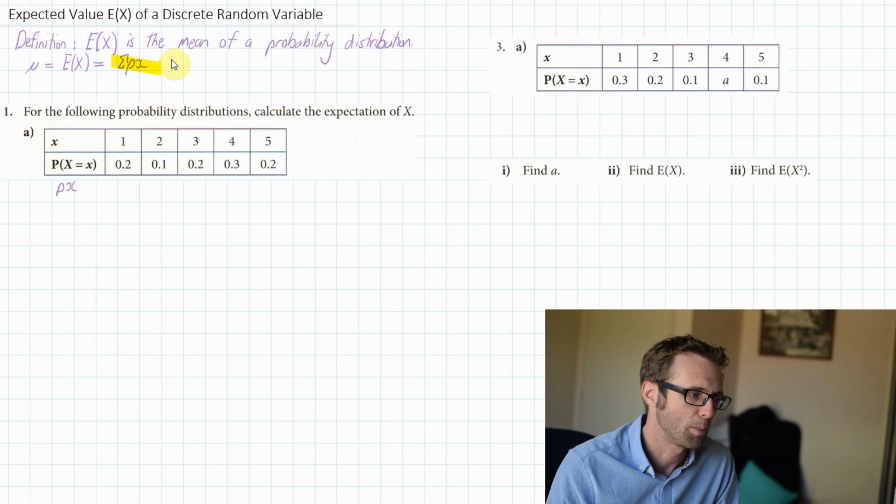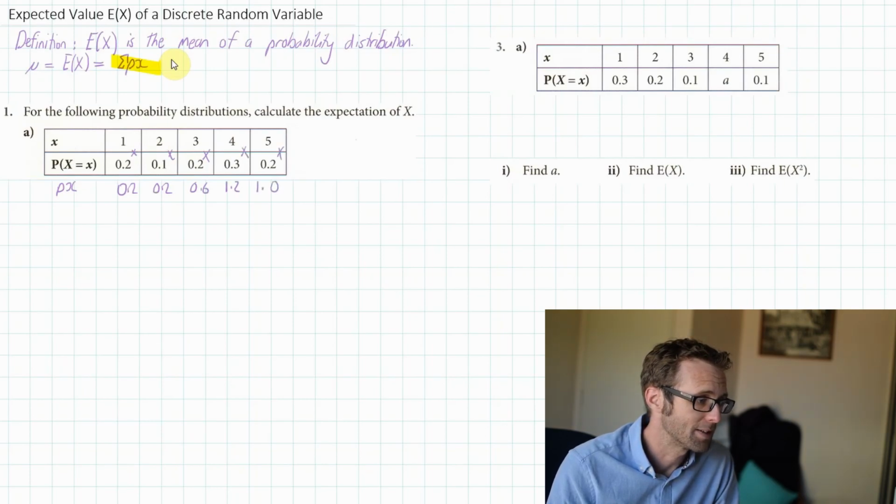That is my probability multiplied by my x value. So this one is 0.2. This one here is 0.2 also. The next one is 0.6. The next one is 1.2. And the final one is 1.0.